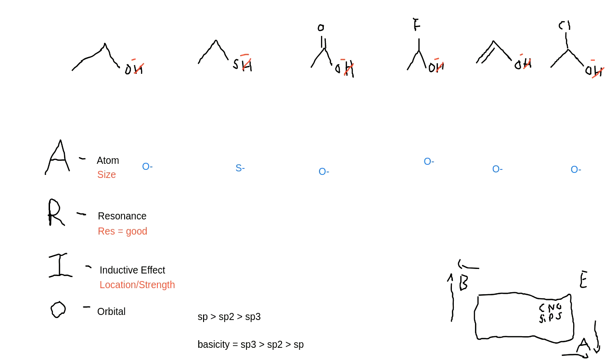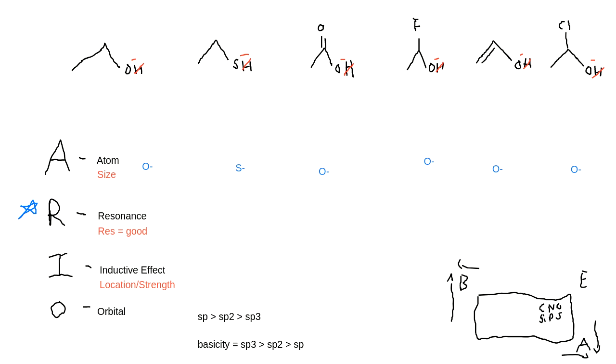Based on just atom, you might be inclined to say sulfur is the most acidic. But we can't solely look at the atom, we have to look at resonance as well, okay? And resonance actually trumps atom, so this is the most important factor in determining the most acidic molecule.